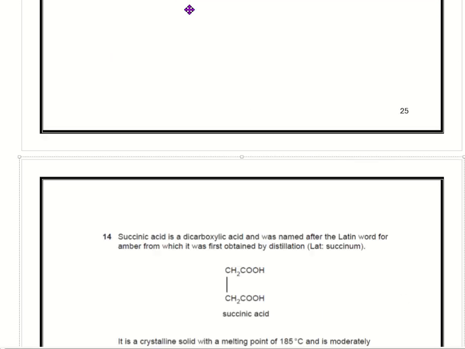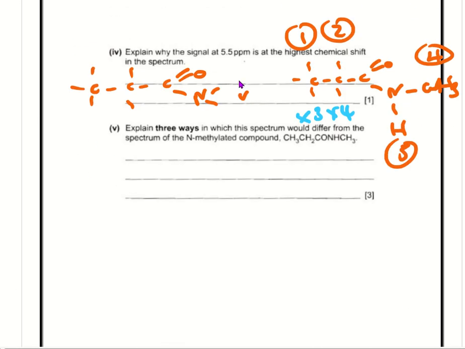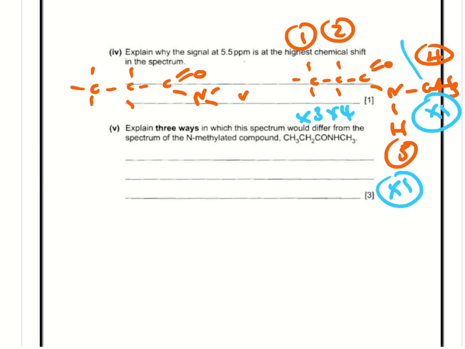But here, this is going to be a singlet, sorry. And this is also going to be a singlet. So you're going to have two singlets here, and this singlet here is also going to be fairly downfield. And you're going to have a different integration trace.